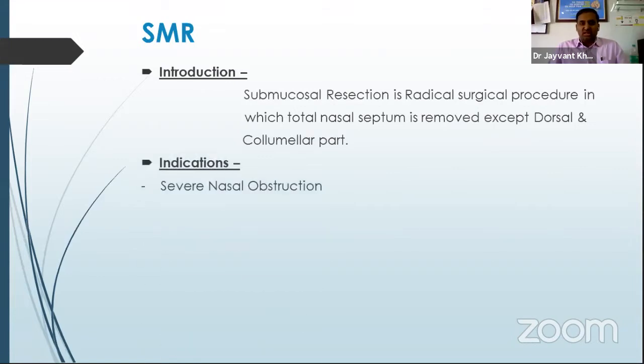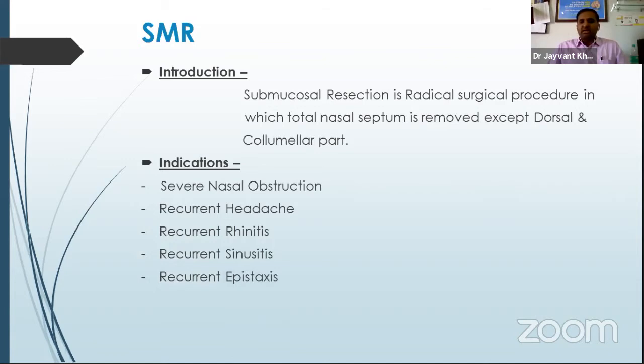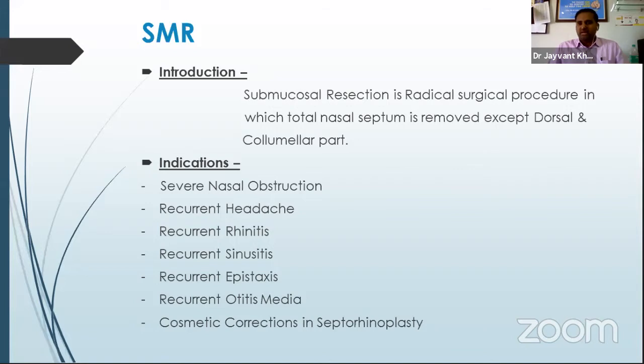If there is severe nasal obstruction, then we will go to submucosal resection. Recurrent headache in septal spur, recurrent rhinitis, recurrent sinusitis, recurrent epistaxis, recurrent otitis media, and cosmetic corrections in septorhinoplasty. These are the indications for SMR.